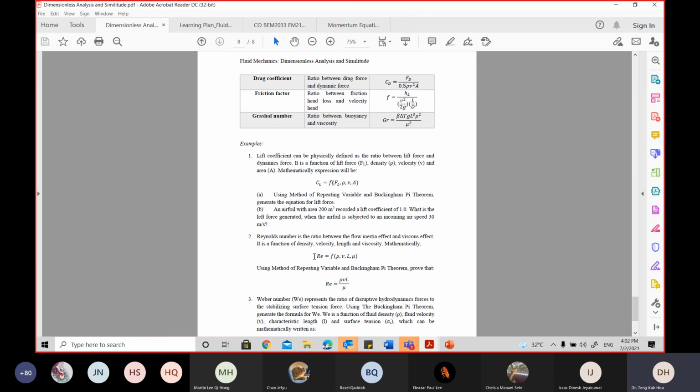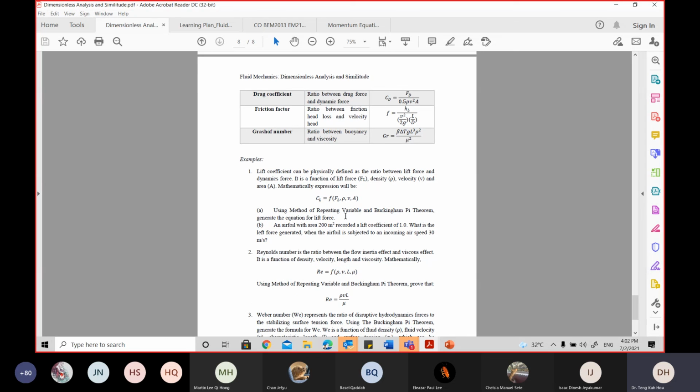Or how do you find these Reynolds numbers dimensionless equations? You see, this is quite easy. So the beauty of this, and I would say, if the question is so lucky, asks you to prove, it's much easier because you know what is the final format. But if the question not asking you to prove, I will teach you some methods how to write that.